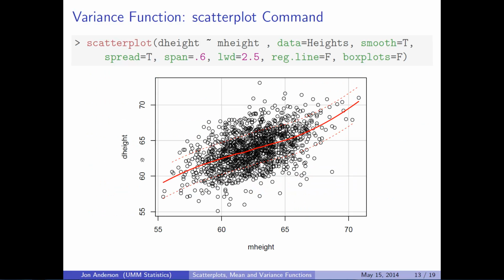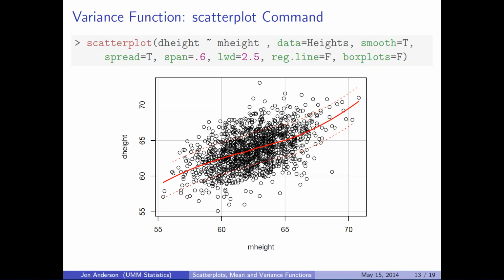And we can visualize variation with an option given to the scatterplot command, and that option is spread equals true. And so that puts, I don't know if you can see it on this video, but you can see the red dashed lines that are placed above and below the dark solid red mean function.